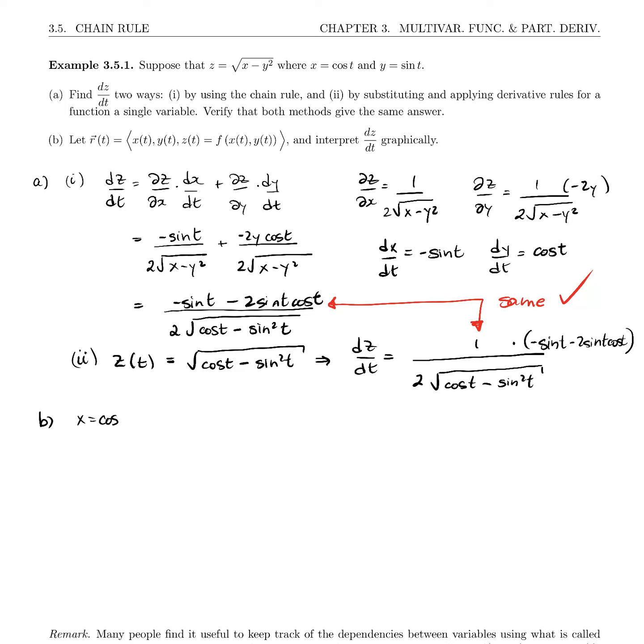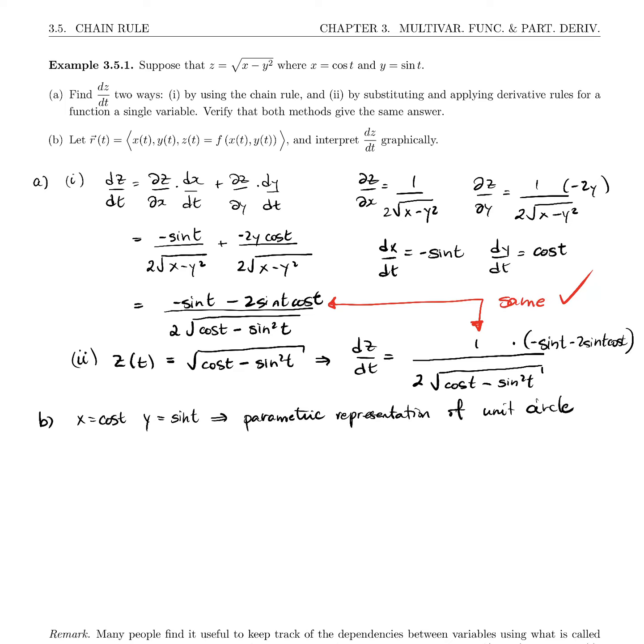That is a parameterization that we have seen in a previous chapter. Now it's the parametric representation, or a parametric representation, a parameterization of the unit circle.